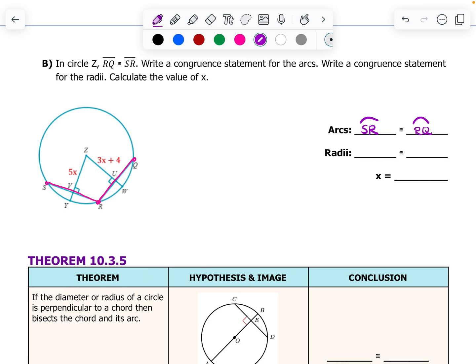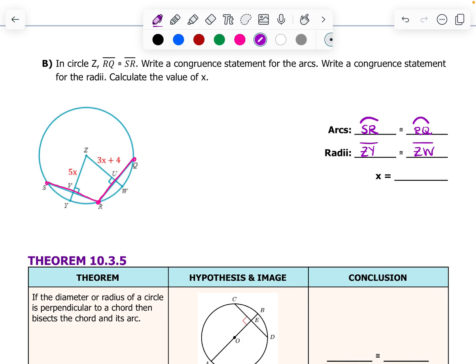For the radii, we've got them here and here. So we're just going to say segment ZY is congruent to segment ZW. And finally, we need to solve for x.